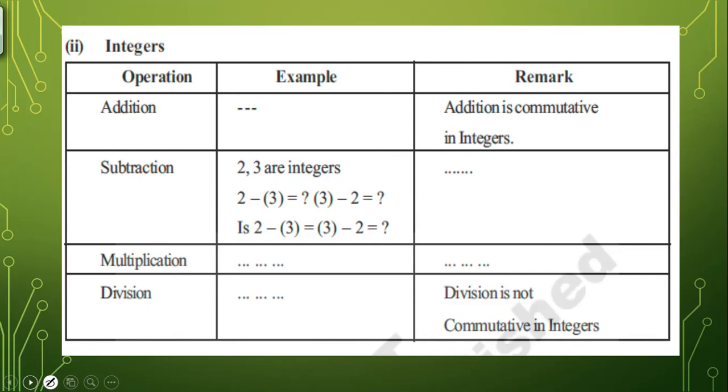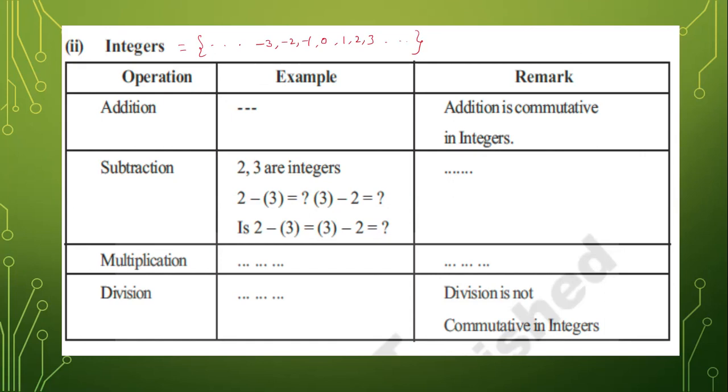What about the commutative property in integers? Already you know what integers are. If you add the negative numbers minus 3, minus 2, minus 1 to the whole numbers, then we can say these are integers.